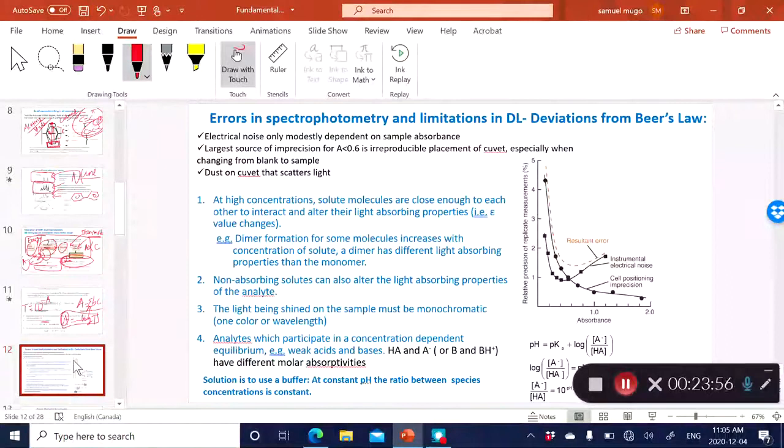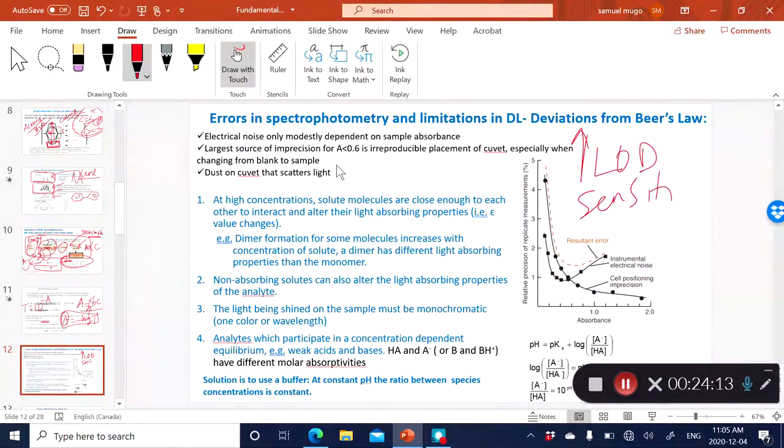So what are the types of errors that are common with spectrometers, based on Beer's law? You're going to see that the limits of detection are fairly high, meaning they are not very sensitive, and there are a couple of reasons why. One reason is they're very prone to electrical noise.